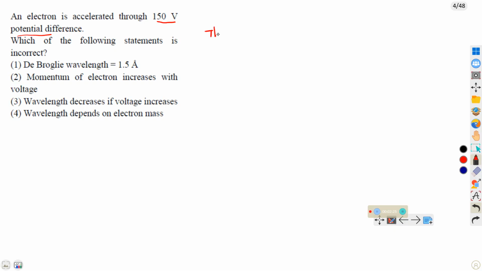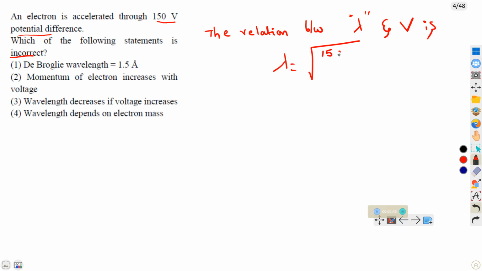First of all, the relation between wavelength and potential difference V is lambda equals square root of 150 by V. So square root of 150 by 150 equals square root of 1, and the value is 1. But here de Broglie's wavelength is given as 1.5. This is the incorrect one. Check the remaining statements once.